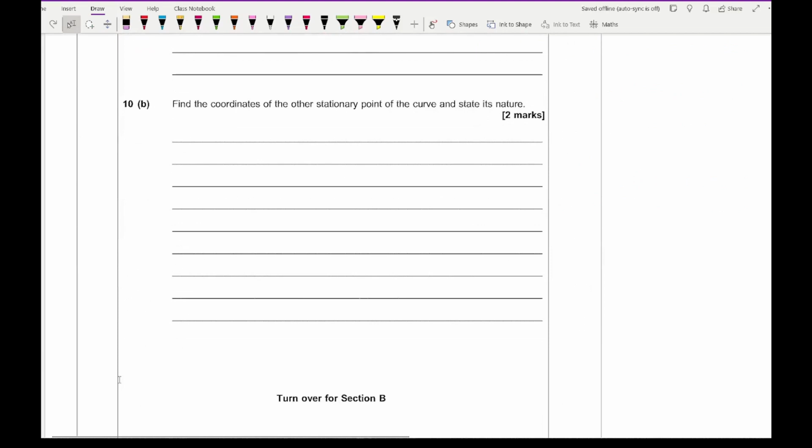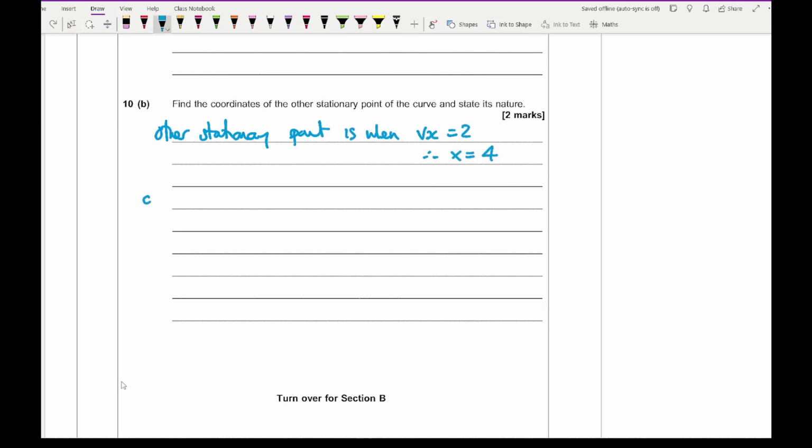Then for part 10b it says find the coordinates of the other stationary point of the curve and state its nature. We know that the other stationary point is when root x equaled 2, so therefore x equals 4.